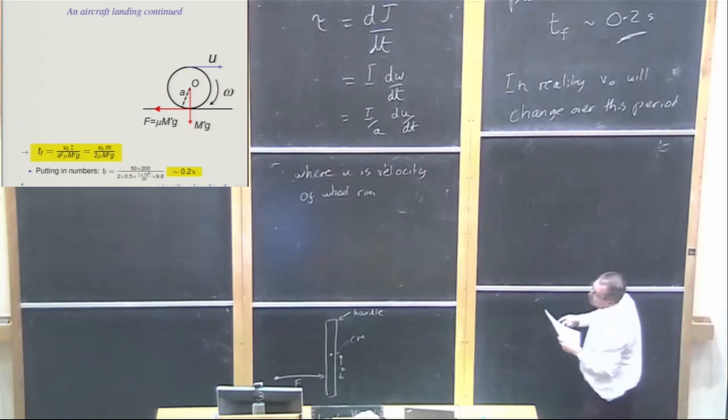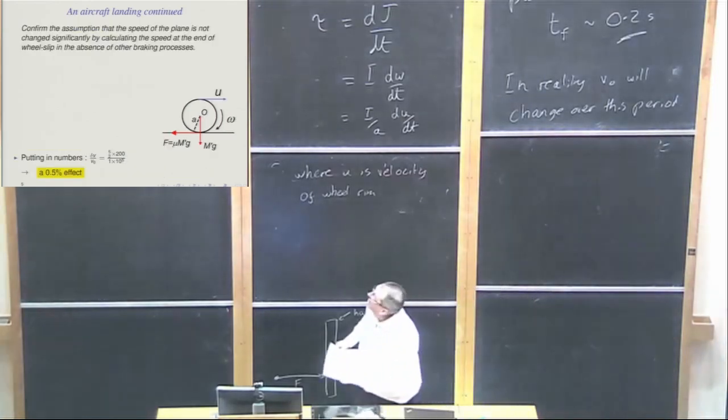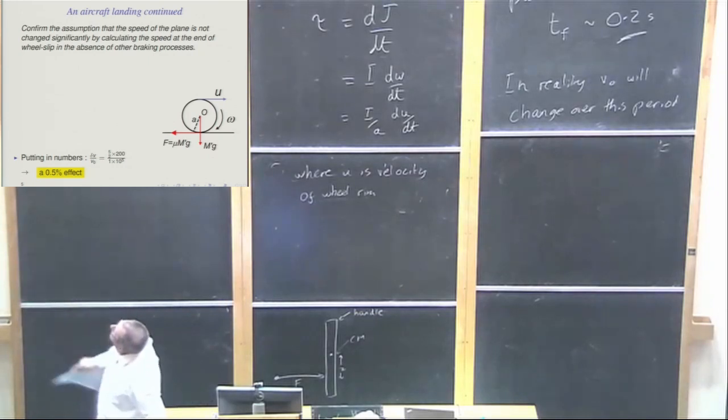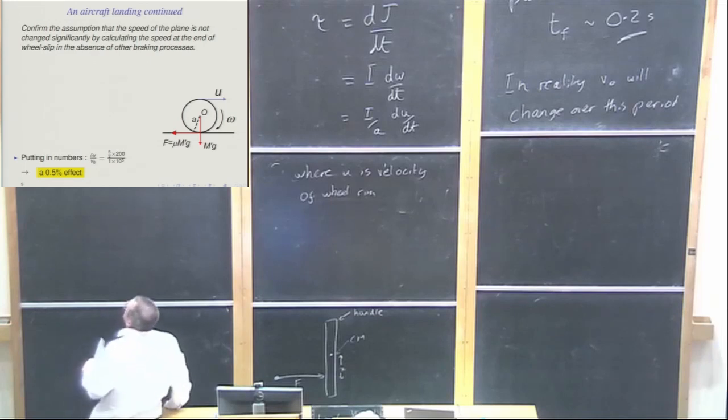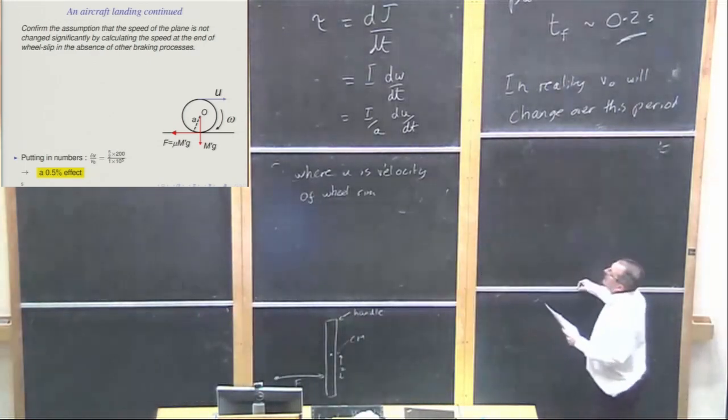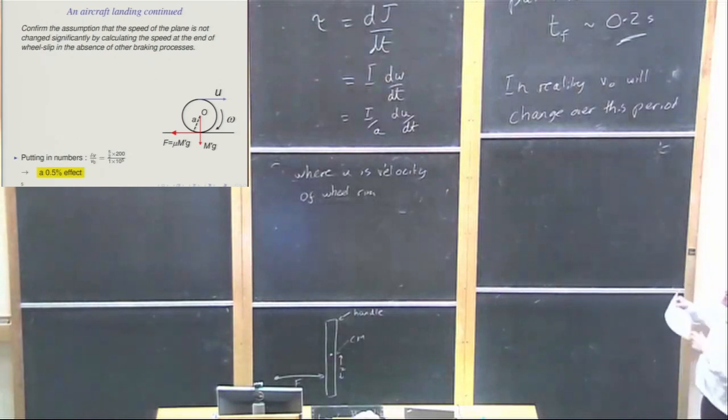We're now confirming the assumption that the speed of the plane is not changed significantly. We're going to calculate the change of speed at the end of the wheel slip. But firstly, let's solve this in terms of energy.